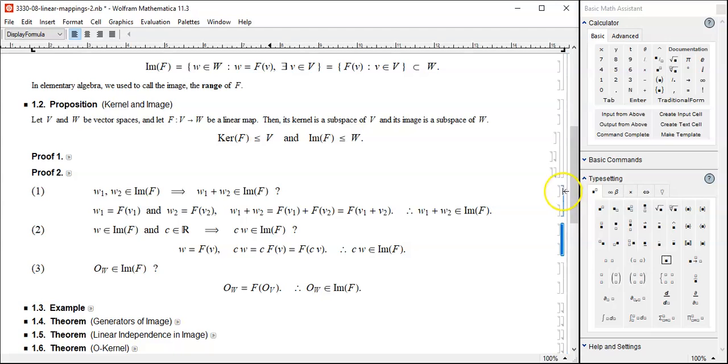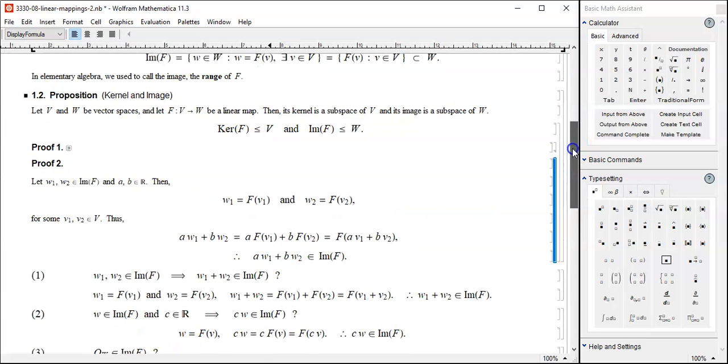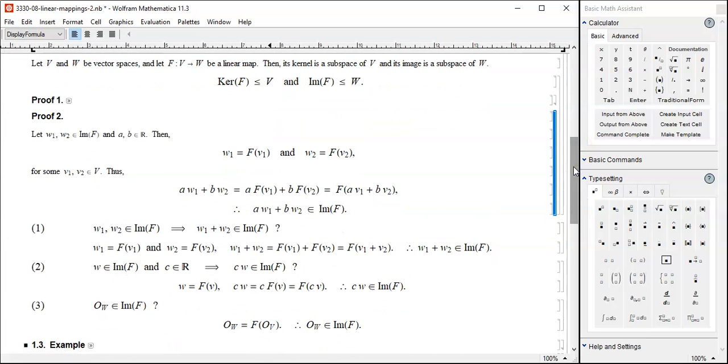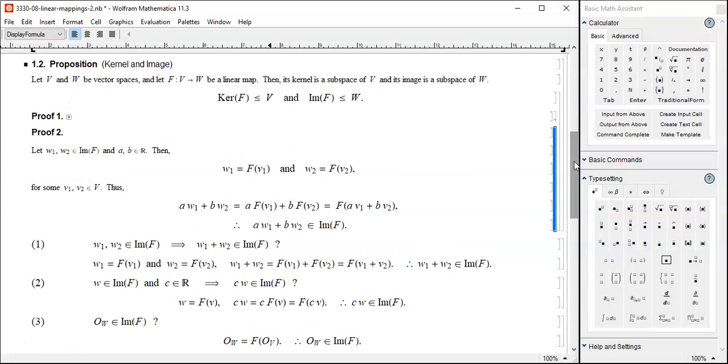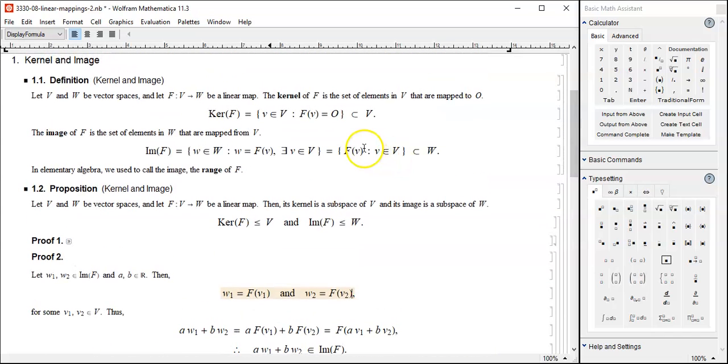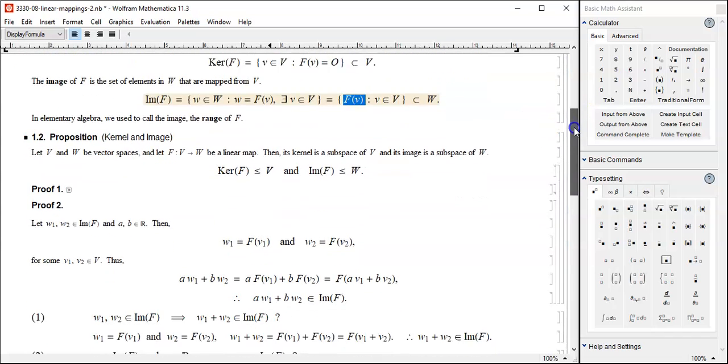We have to prove these three. Closed under addition, we have it. Closed under scalar multiplication, we have it. And zero vector, which is not really necessary, but here we go anyway. By the way, how did I do it in my notebook here? Again, instead of using 1, 2, 3, I just used a single condition using linear combination. w1 is f of v1, w2 is f of v2, because that corresponds to the definition of the image, the set of all the image vectors you see.